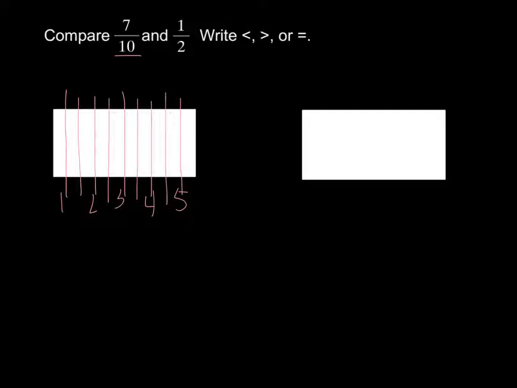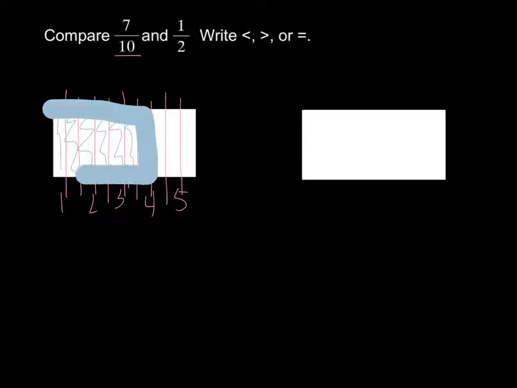Okay, so if I eat 7 pieces, I'd eat 1, 2, 3, 4, 5, 6, 7 pieces. And I can make this a little bit bigger too, so it kind of shows up a little better. So this is how much of my pie I'm going to eat. My line, I guess I should say.